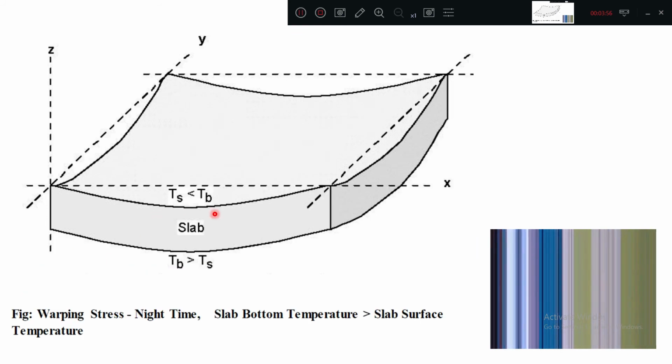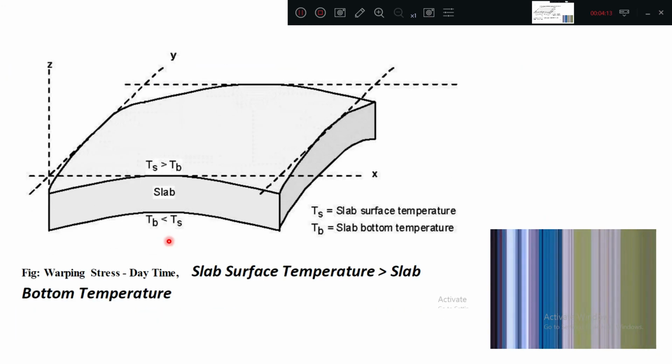This is warping stress at night time. What will happen? Bottom temperature is more, surface temperature is less. So bending of the slab is like this. If you see in the previous one, here tensile stress will come at the top.